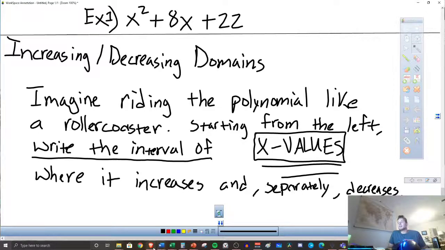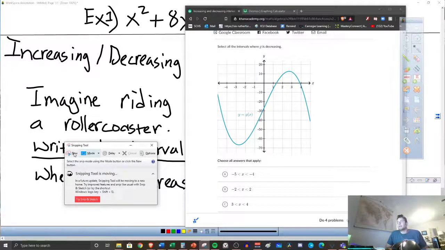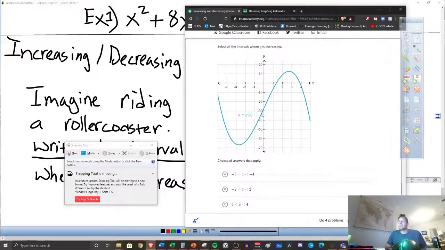If I pull up this graph again here. All right, we're starting on the roller coaster. What am I doing? Decreasing. Okay, how long are we decreasing? Where does it start decreasing? Where does this ride actually begin? Well, don't say -5, right? Think about these graphs as infinite entities. This thing keeps going on forever. So the starting point is -infinity over there, right? That's okay.